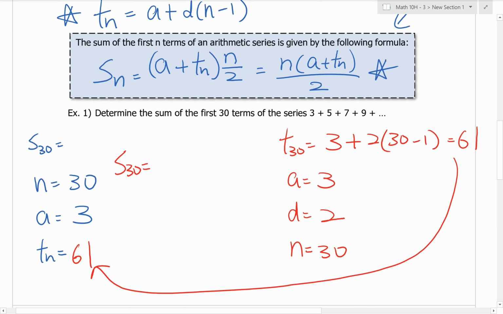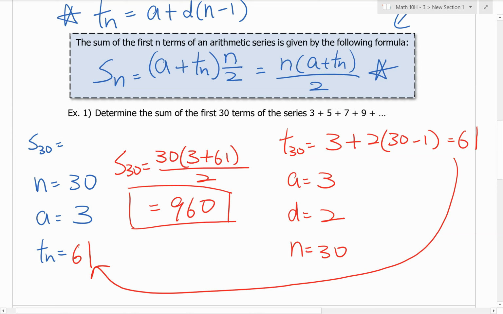S30 is equal to n times the first term, 3, plus the last term, 61, divided by 2. 3 plus 61 is 64. 64 divided by 2 is 32. 32 times 30 is 960. And that is S30, the sum of the first 30 terms.